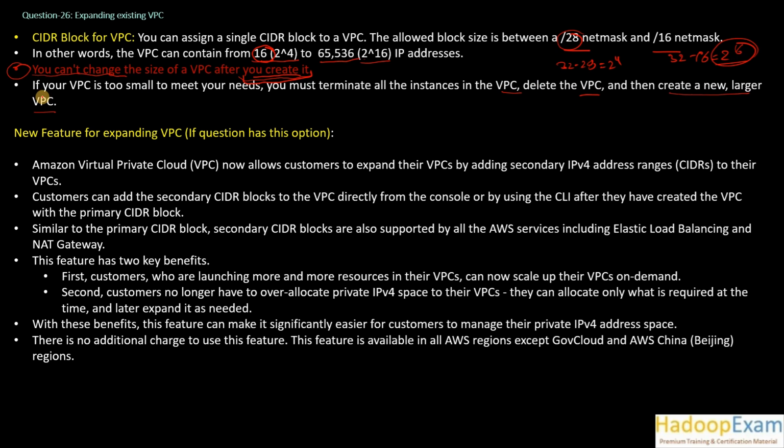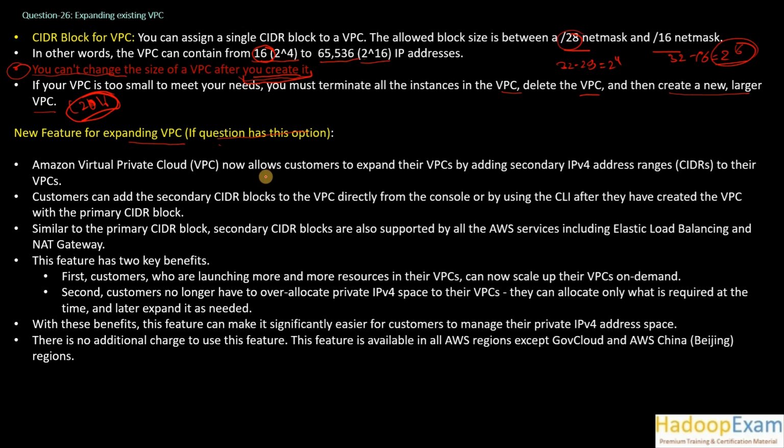That was the case around 2016; after that things changed and this is no more an option. But if your question only has options corresponding to this, then you need to choose accordingly.